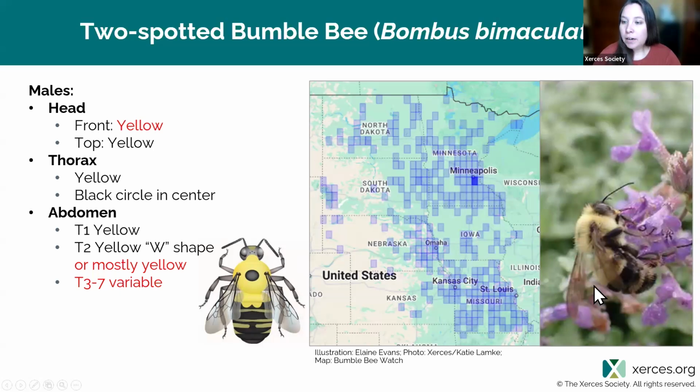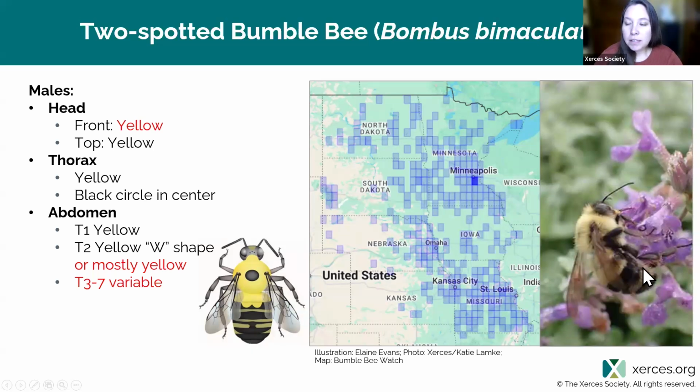In this example here, we see that rather than having a distinct W shape, this male just has some dark hairs on the side of that segment of the abdomen. And that is pretty typical, or not super typical, but you will often see it for this species. They can also have variable color patterns on the other segments of their abdomen.